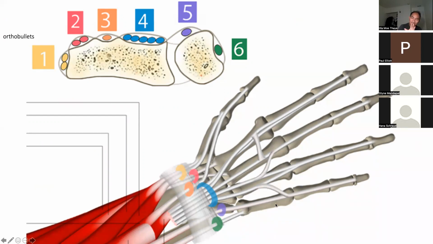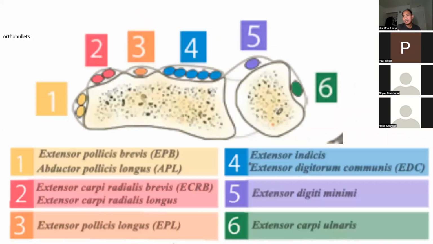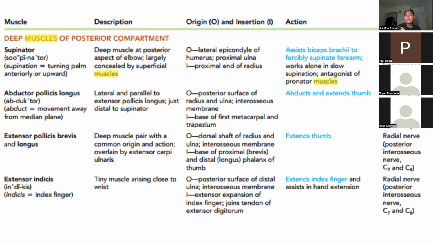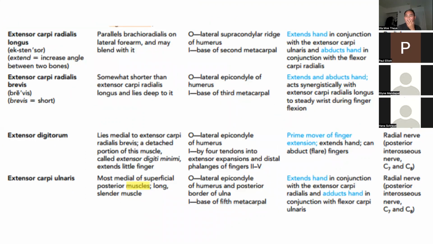So we need to check extensor carpi ulnaris insertion. Oh, it goes to the base of the fifth metacarpal. That's my bad then. So extensor carpi ulnaris goes to the metacarpal bone rather than the carpal bone.